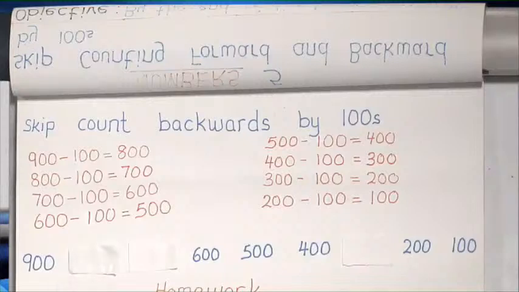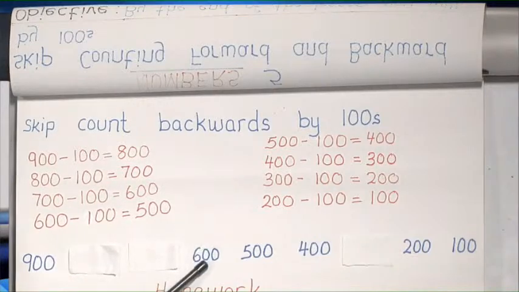Now, I have this number, 900. 900 is here. The second number, we don't know. The third number too, we don't know. So how do we write the second number, the third number?